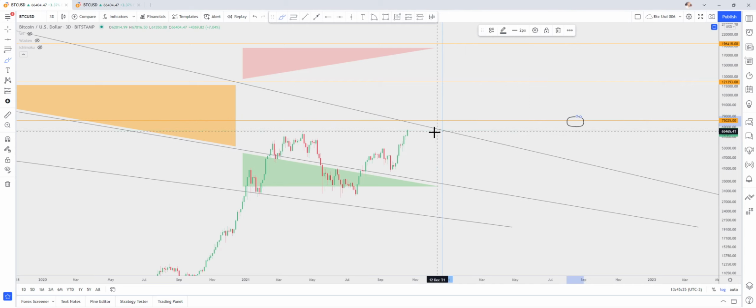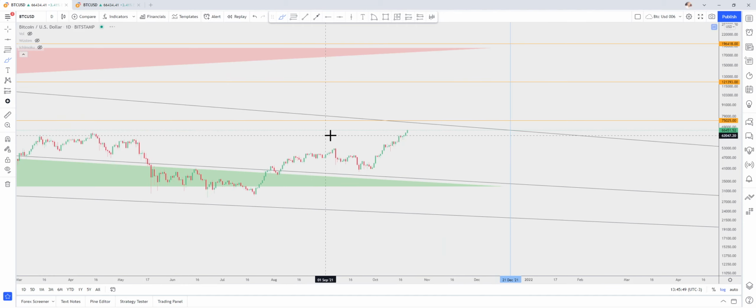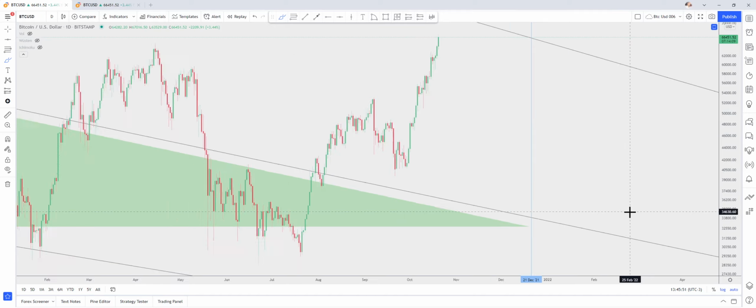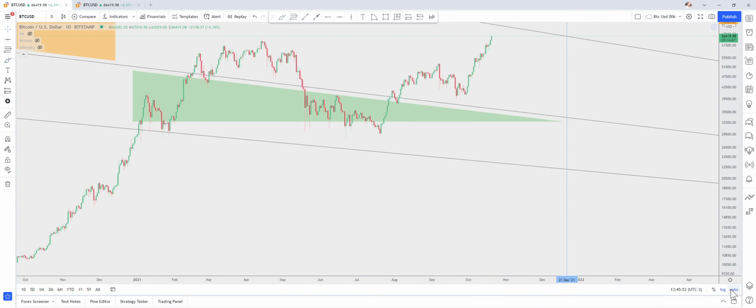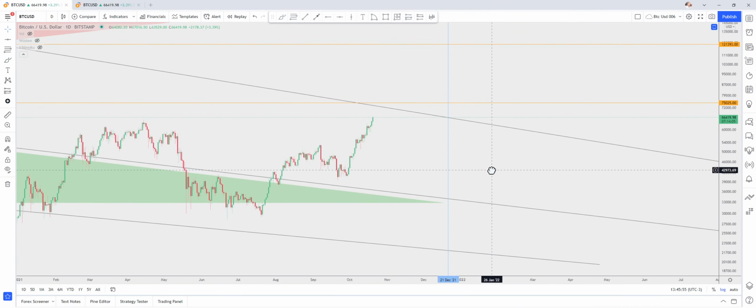And we have 60 days, actually 56, right? So based on this, let's jump into the daily, just like we did with Ethereum. So right here.